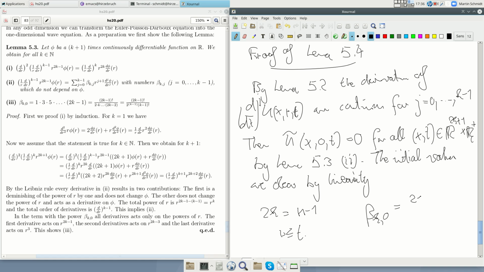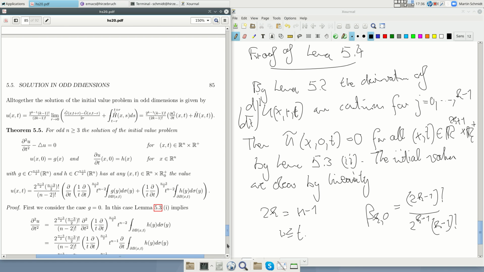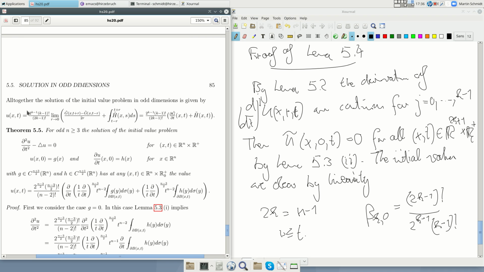So it's 2k minus 1 factorial times 2 to the power k minus 1 times k minus 1 factorial. Okay, so now we insert this term here, and then the inverse of this factor, this is this term here in front, and so we have to take this limit of this.